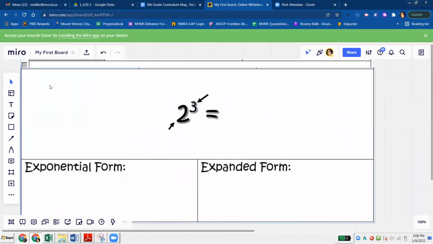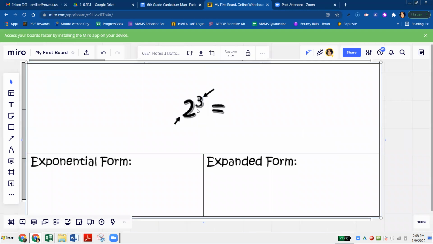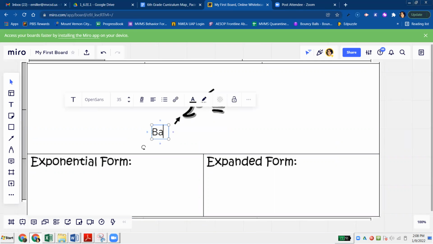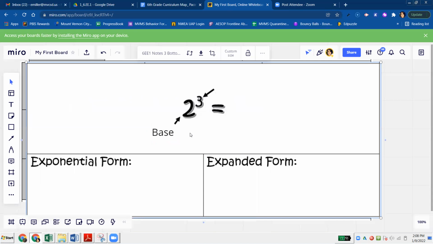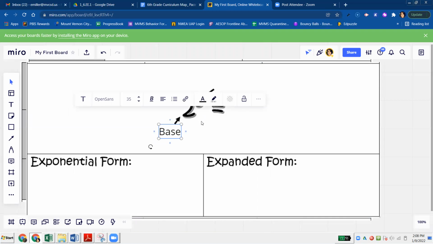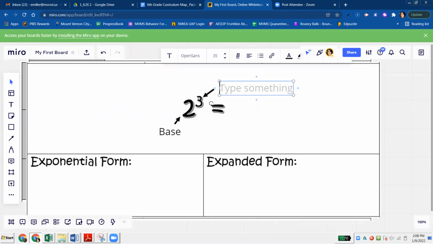All right, now that we have that figured out, let's bring to front this one. Okay, so then you might have a situation where you have a number with an exponent. And so this number, the big number, is called the base. And the base is the number that's going to be multiplied by itself the number of times that the exponent expresses. So the 3 here, the little number that's floating in the air, is called the exponent.